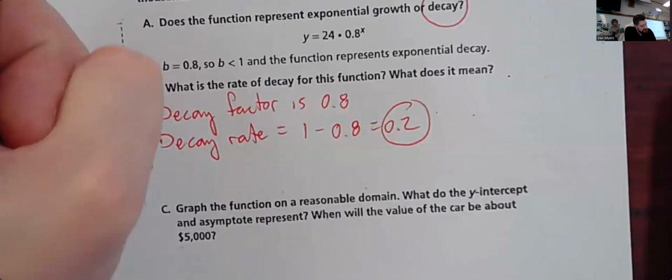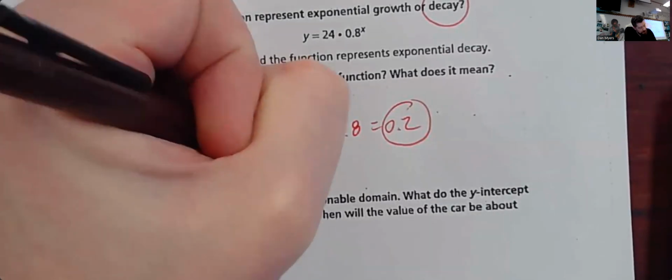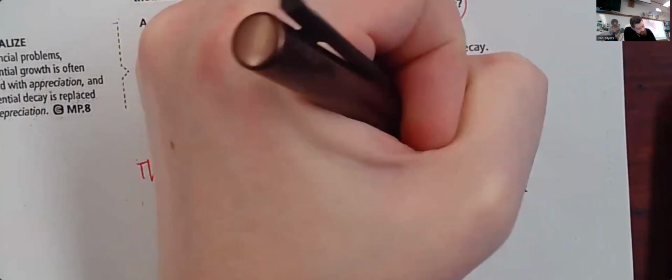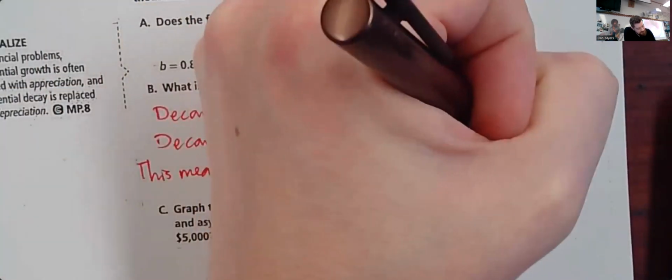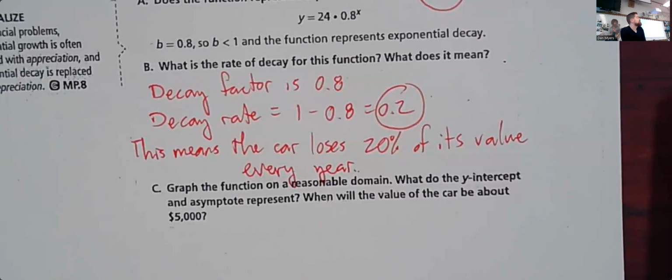Yeah. So this means the car loses 20% of its value every year. That's what that means. The decay factor means that it retains 80% of its value after every year, but that means it also loses 20%, which is the decay rate.